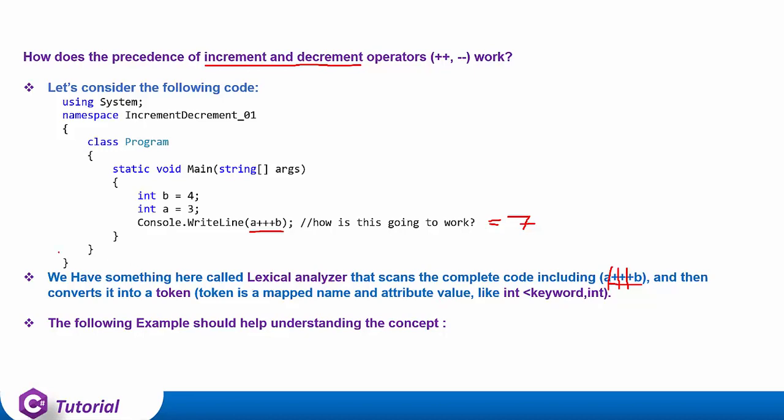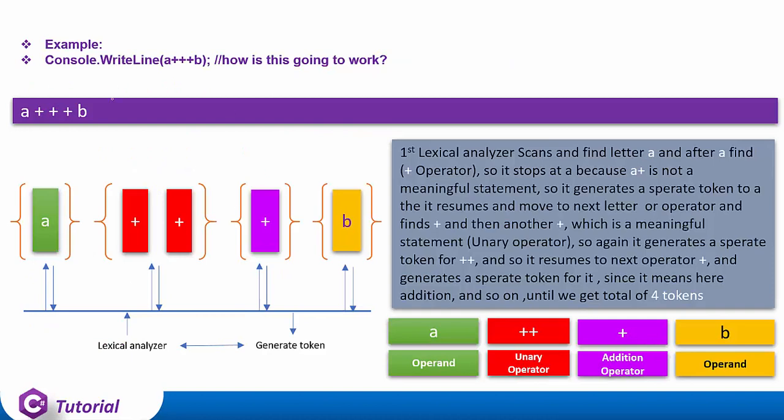Let's see how this is going to happen. So we have our code, which is a plus plus plus b, and this is what's going to happen. The lexical analyzer scans the code, and every segment of the code will be converted into a token. So when it scans the code, it finds a, which is a variable name, and then it will make it a token.